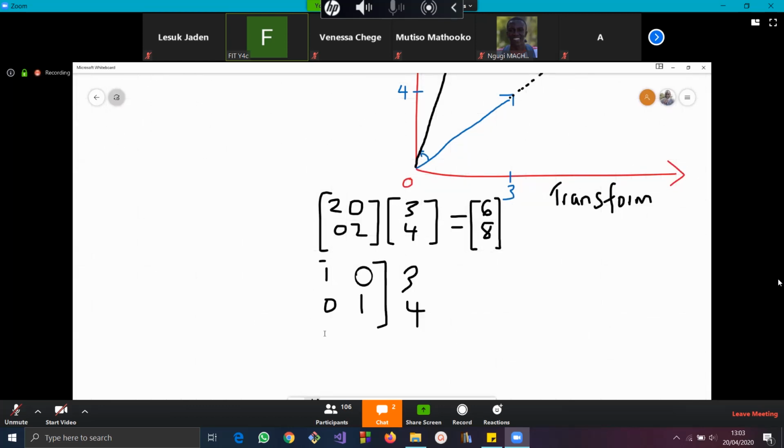If you multiply this, there will be no transformation, no change at all. 1 times 3 plus 0 becomes 3. Okay, when you multiply, you will still get the same vector. That's what identity matrices do.